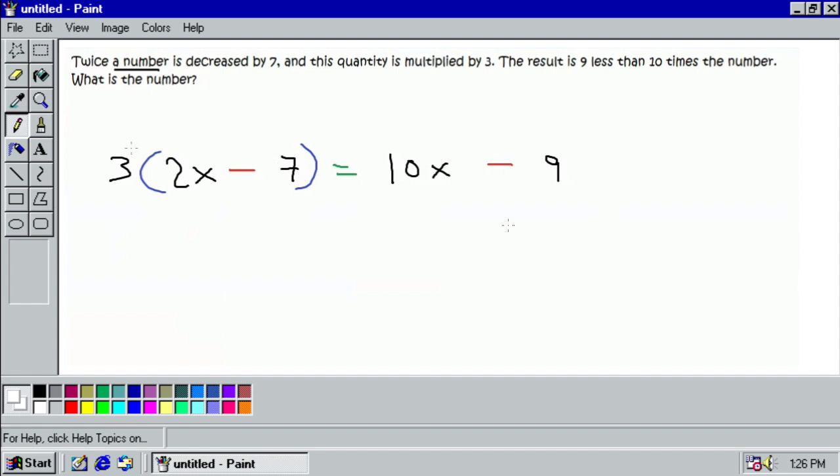Let's use the distributive property here. We have 3 times 2x is 6x. 3 times 7 is 21.